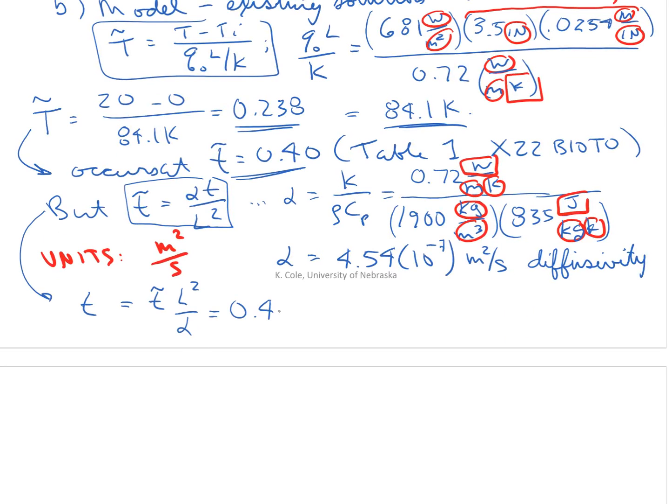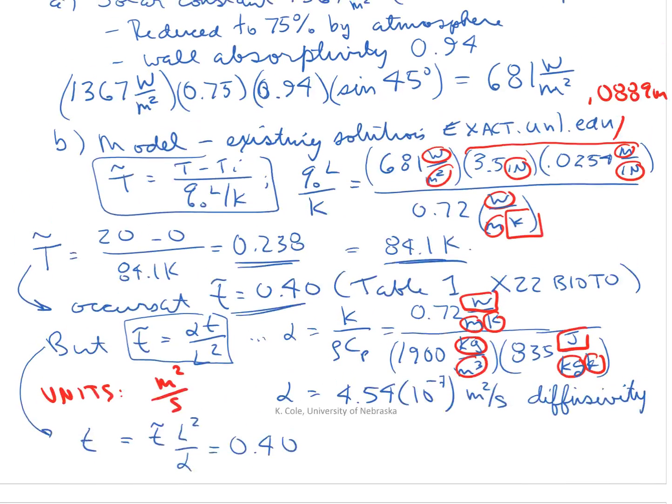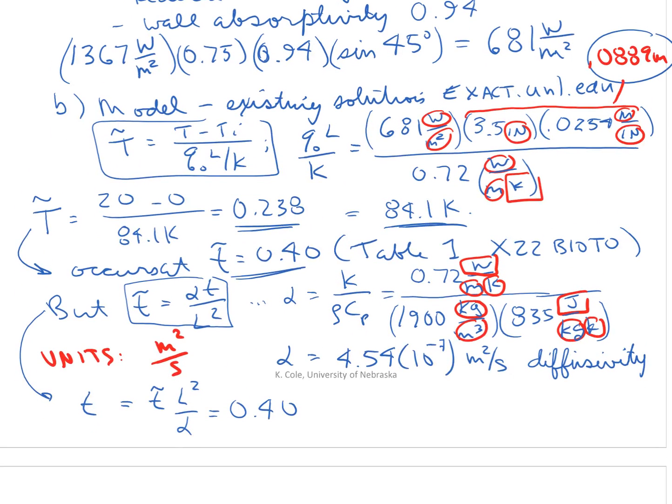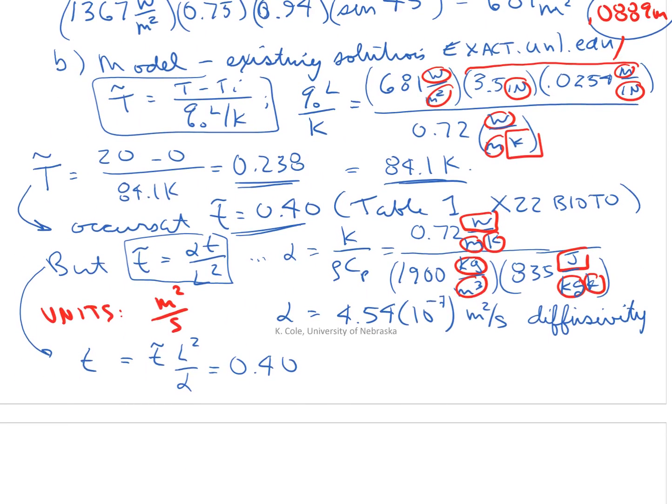The length from up here was 0.0889 meters, that's the thickness of the wall, squared, and we're dividing by the thermal diffusivity, which we just found, 4.54 times 10 to the minus 7 meters squared per second.